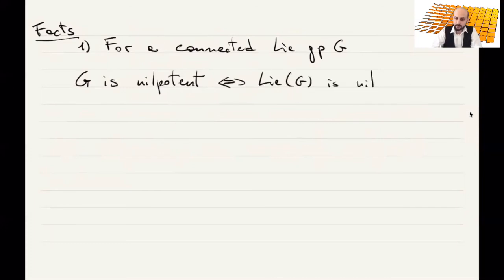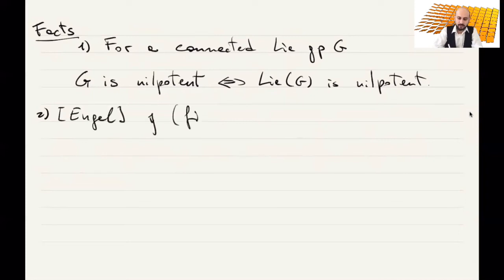So for connected Lie groups it is the same, requiring that they are nilpotent or that their Lie algebra is nilpotent. The second fact is called Engel's theorem.